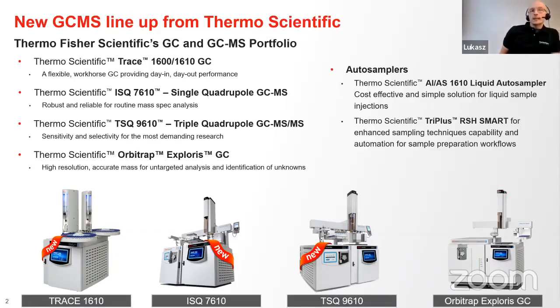Our new single quadrupole mass spectrometer, ISQ 7610, and new triple quadrupole mass spectrometer, TSQ 9610. Beside that, in our portfolio, we have also an advanced autosampler, Triplus RSH Smart, and of course, our high resolution instrument, Orbitrap Exploris GC.